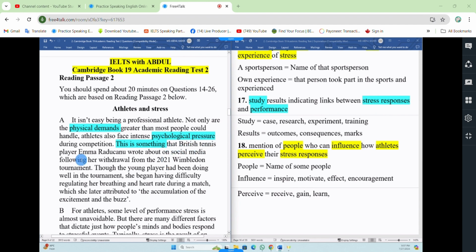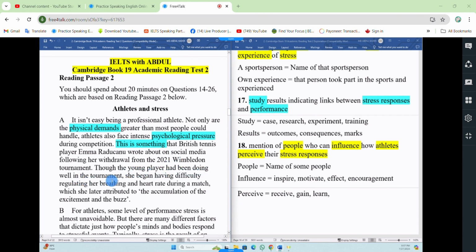Okay, that British tennis player Emma Raducanu wrote about on social media following her withdrawal from the 2021 Wimbledon tournament. So basically, Emma is an athlete, and she wrote on social media following her withdrawal from a tournament.